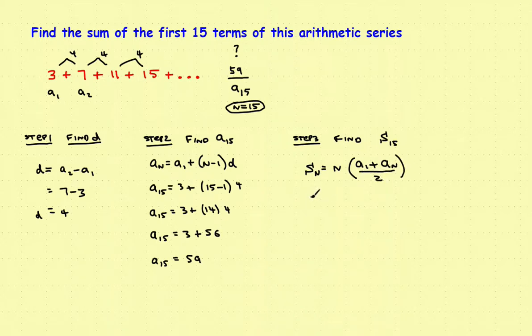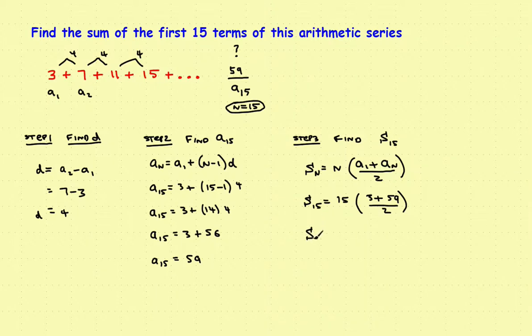We want the sum of the first 15. So n is going to be 15. A sub 1 is 3. A sub n, in our case a sub 15, is 59. All divided by 2.